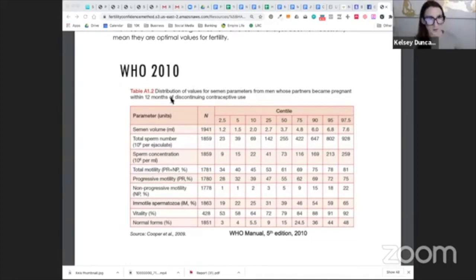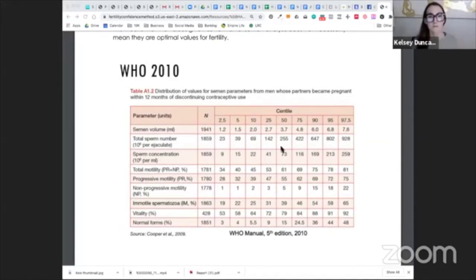So what they looked at were men whose partners did become pregnant within 12 months of stopping contraceptive. So within a year of actively trying to get pregnant, all of the men in this study did actually achieve pregnancy. So what we are looking at is their values, broken down into percentiles.